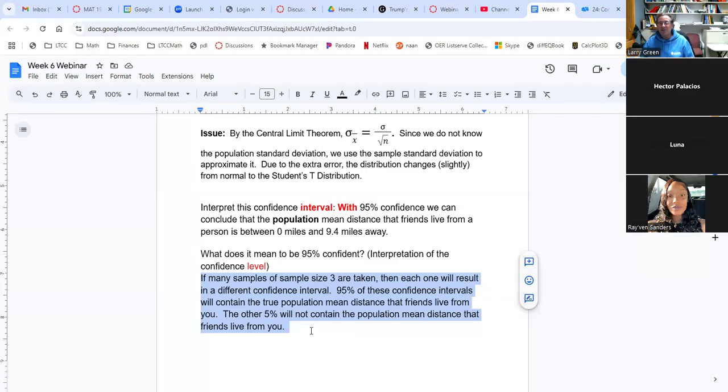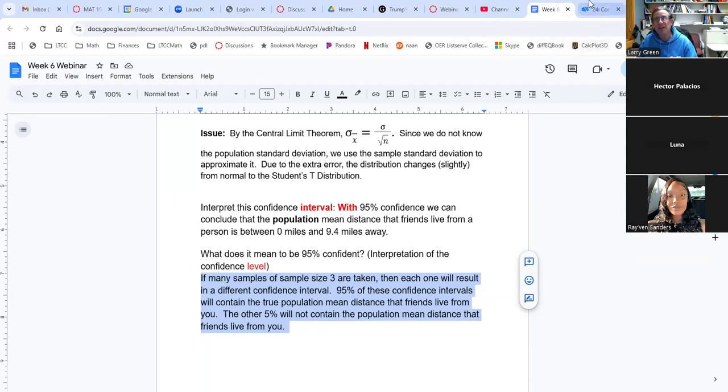Any thoughts? There are pros and cons of the confidence level. What are the issues with wanting to be 99% confident? Any thoughts?